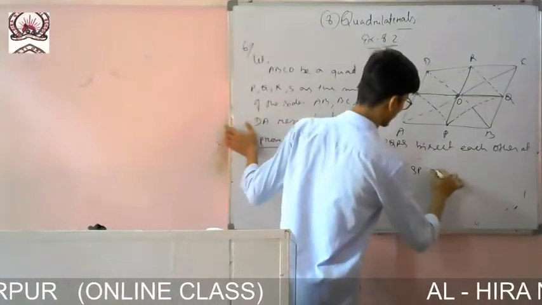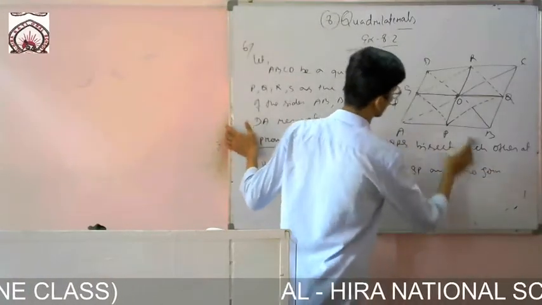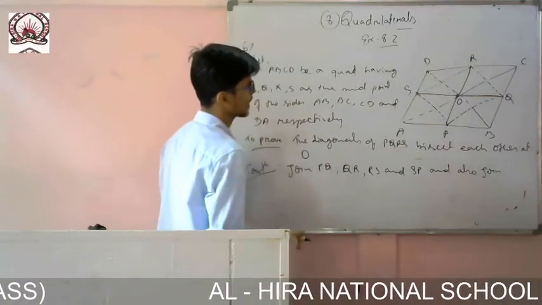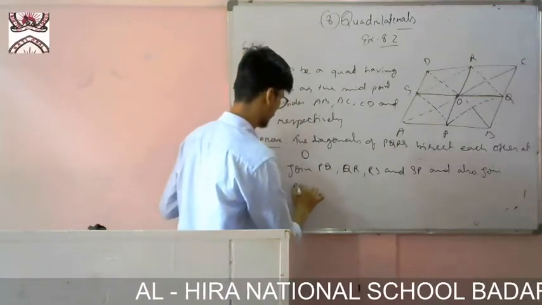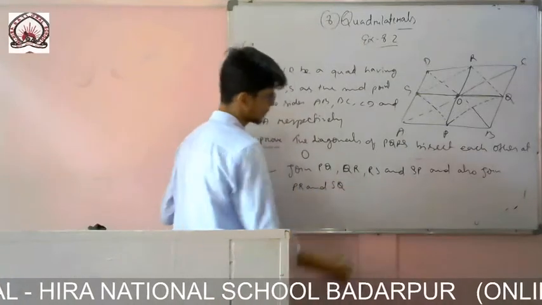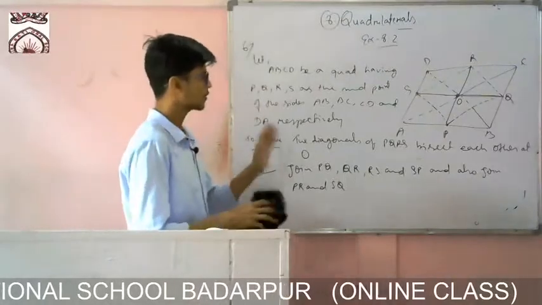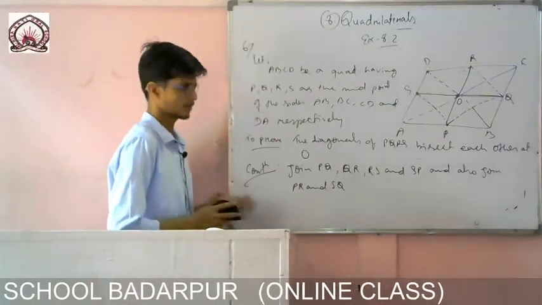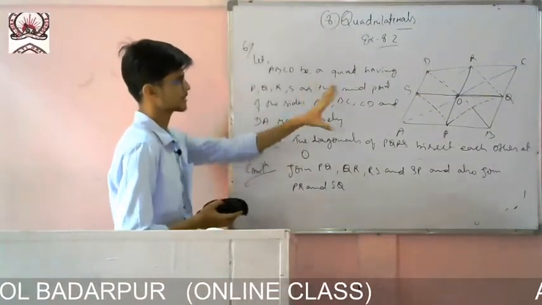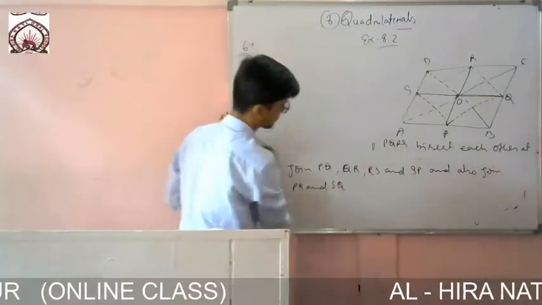And also join PR and SQ. So this is what is there in the question. Up to this much is finished. We have just described the figure. Now I will go for solving.